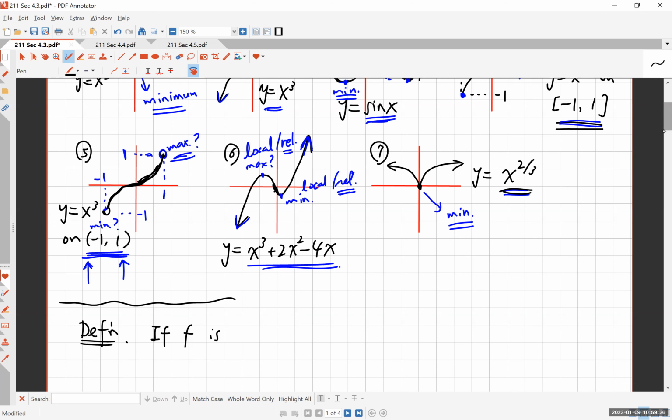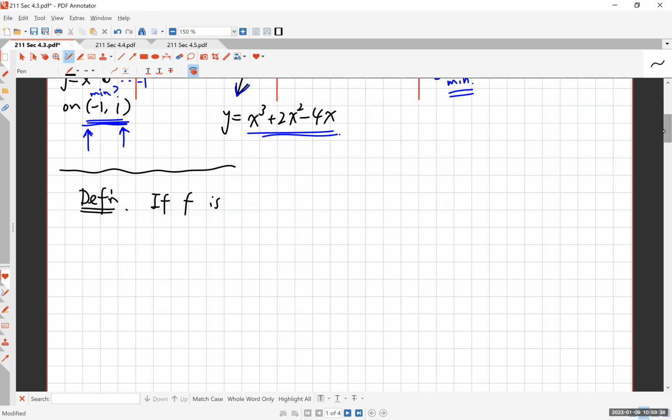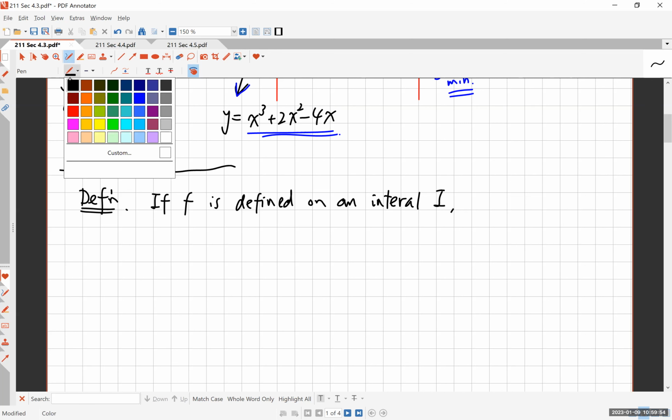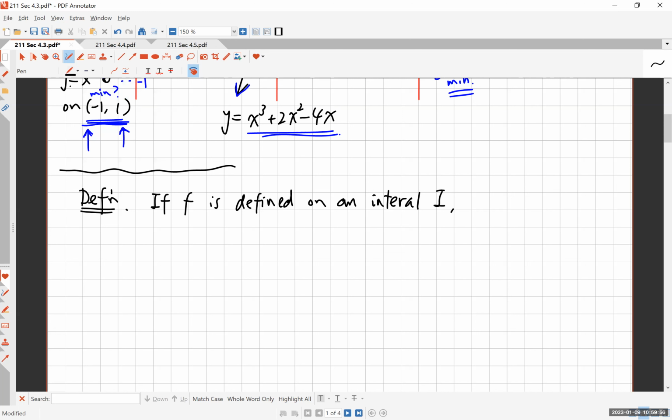So if we don't assume f is differentiable, if f is defined on any interval, it could be the entire real line, that would be the interval from negative to positive infinity, right? But it doesn't have to be the entire real number system. It could be just the entire domain of the function, okay?